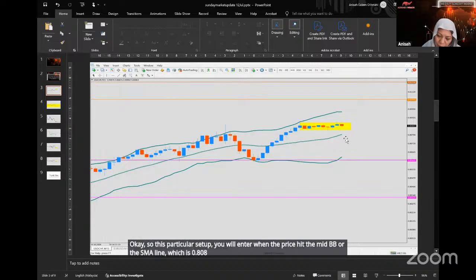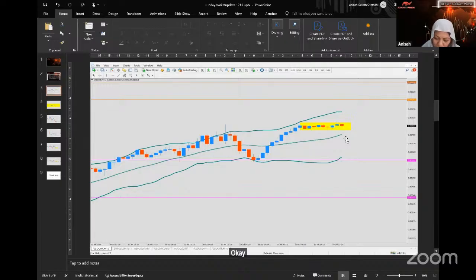0.80800. Your TP1 is the upper band line, which is at 0.80968. Then TP2 is the first orange line, the previous peak of the M15, that is 0.81063.